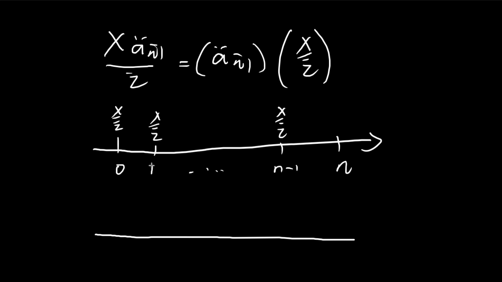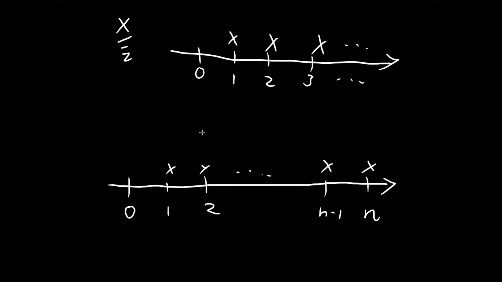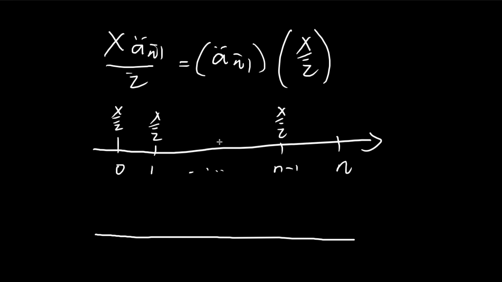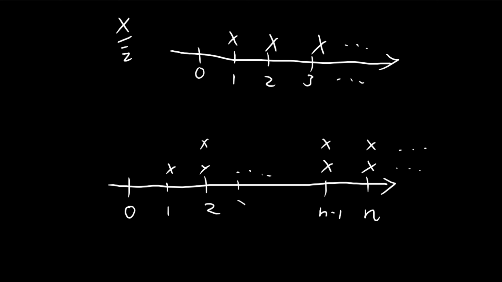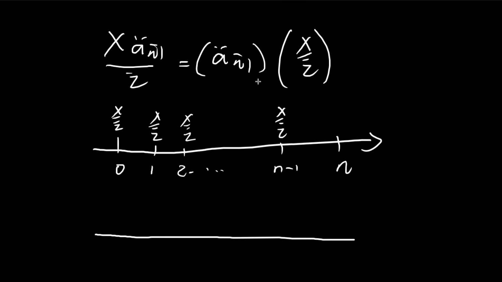This x over i is another perpetuity that starts at time 1. So this is the present value at time 1. The first payment starts at time 2. So again, x, and all the way to infinity. And then this third payment is the same thing, so you get another x divided by i at time 2. First payment is at time 3, so you get another x, so it keeps on going all the way to infinity.